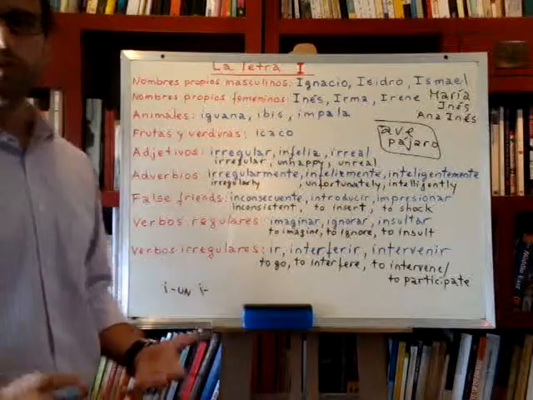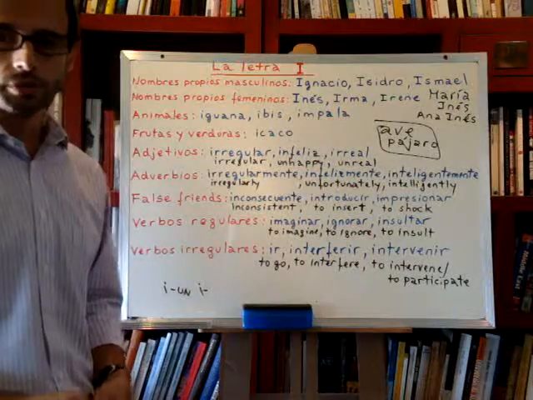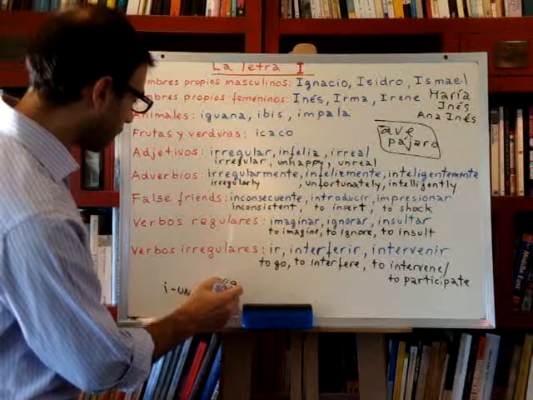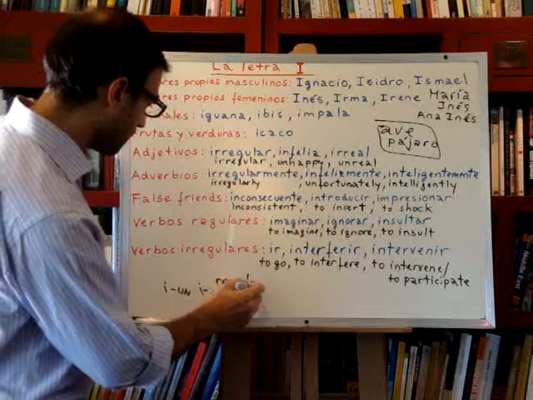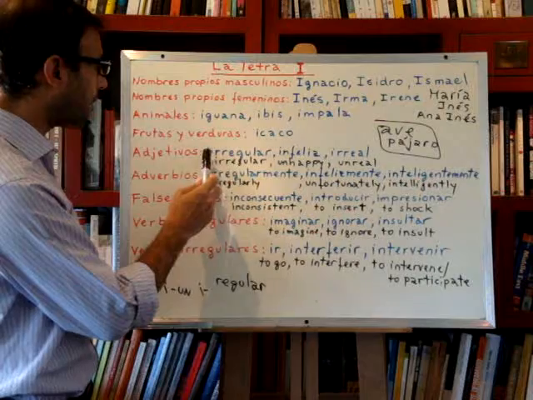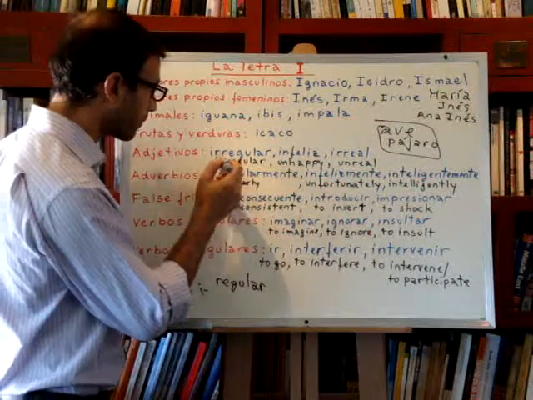So, regular would be regular. Irregular means irregular, right? The word for regular is like this, same as in English, okay? So why have we added one more R here, right? Because here we have two R's.